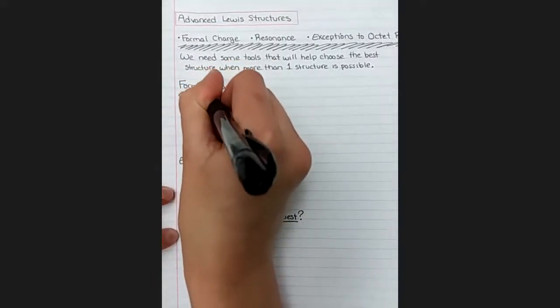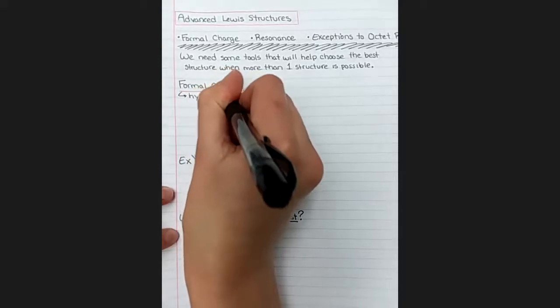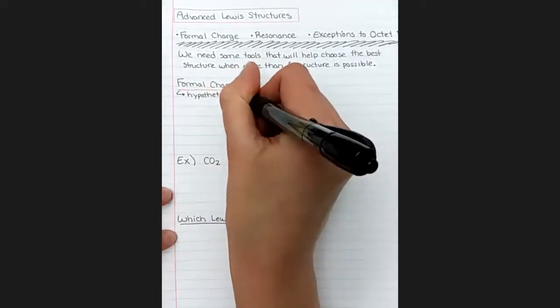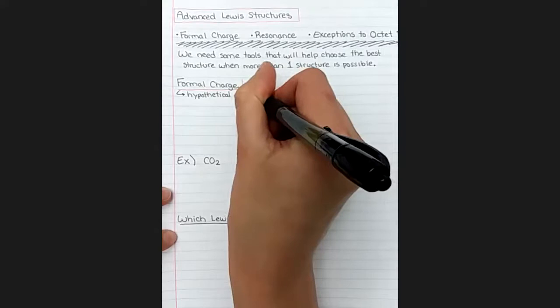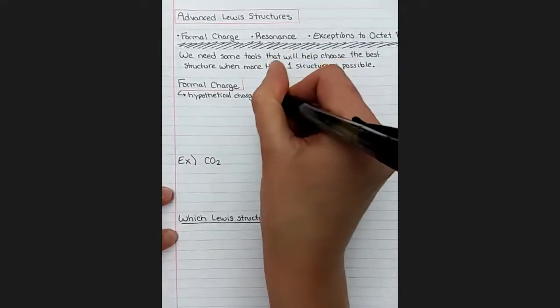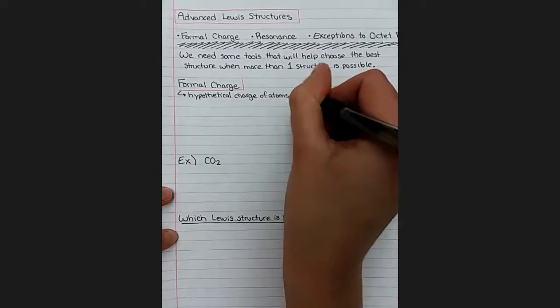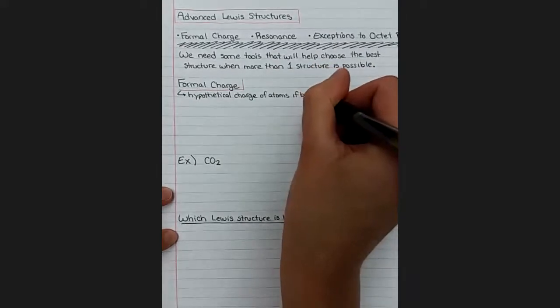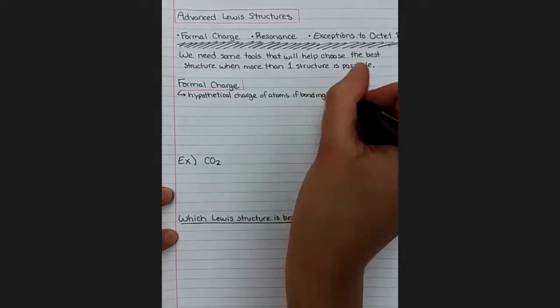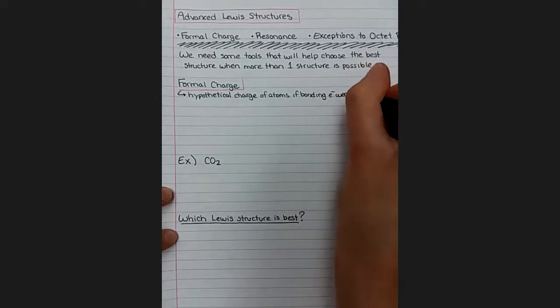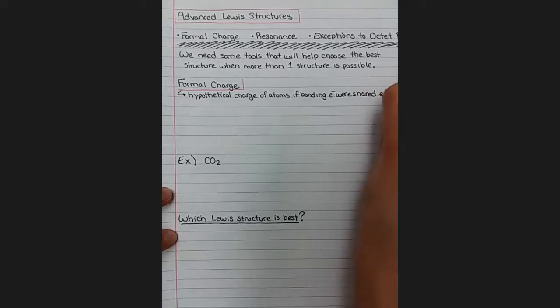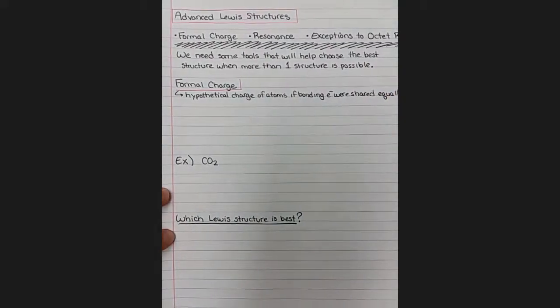Formal charge is like assigning a hypothetical charge to each of the atoms. It's the hypothetical charge of the atoms if the bonding electrons were shared equally, meaning that there's one electron belonging to each atom in the bond.